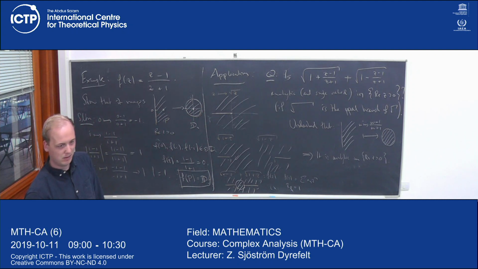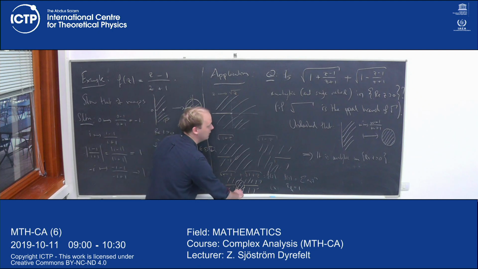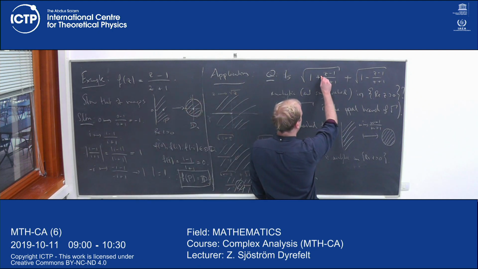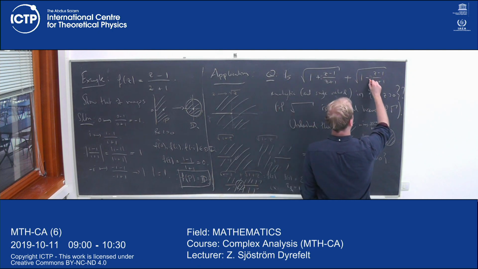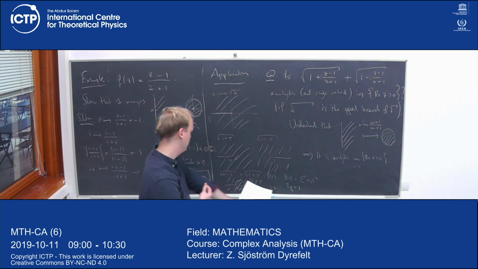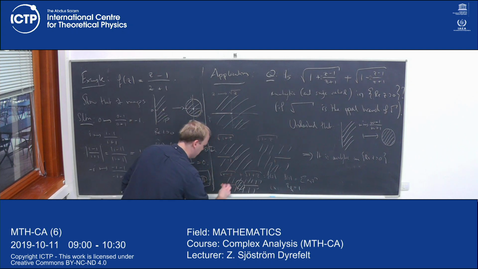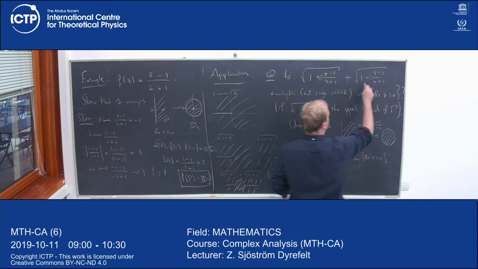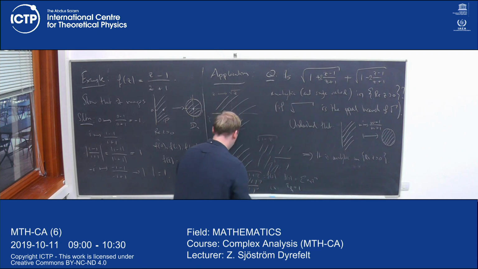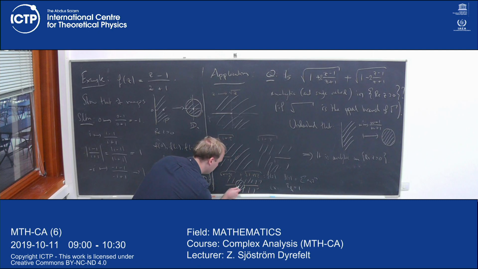Clear? Not clear? No. If I put instead a 2 here, then this would no longer be true. What would happen is that these would not be at -1 and 1, but at -1/2 and 1/2.